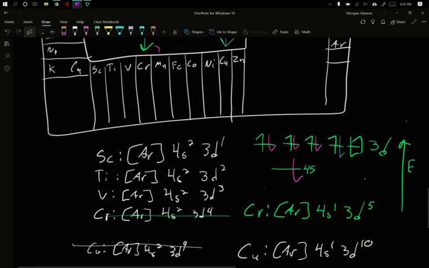Chromium and copper just kind of do this odd little shift. The elements in their column also tend to do this, but as you get further down into tantalum or gold and the like, other complicating factors of f orbitals start showing up. And so we're really only going to focus on these for chromium and copper. But this is a view where we have to take into account more than just the energy of the orbital itself.